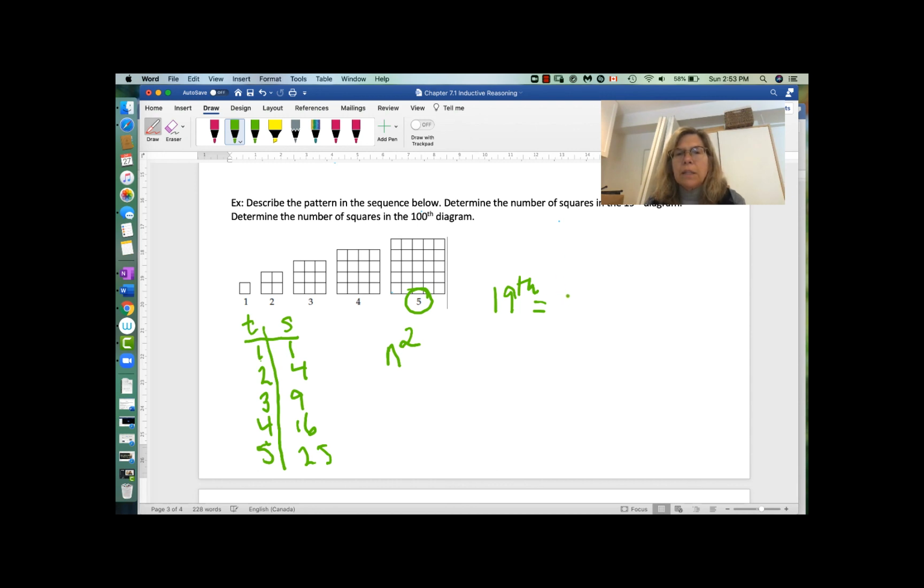So that is 19 squared, which is 361. And the 100th will equal 100 squared, which will equal 10,000.